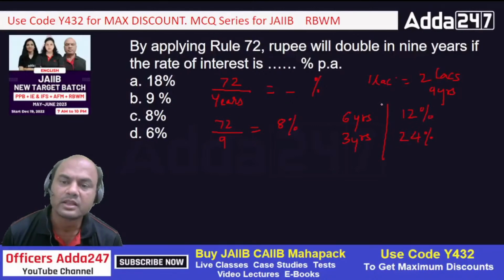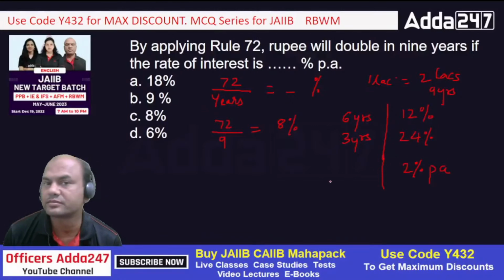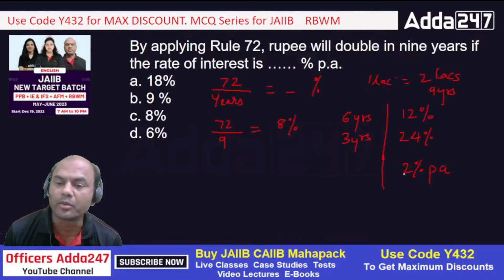The reverse question is, I have a rate of interest of 2% per annum. In how many years will my amount be doubled?